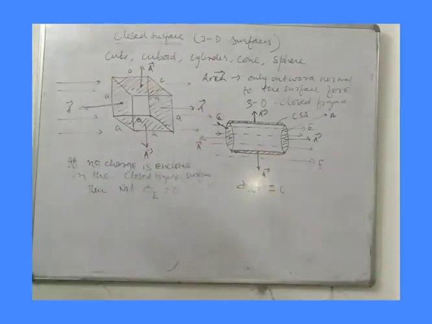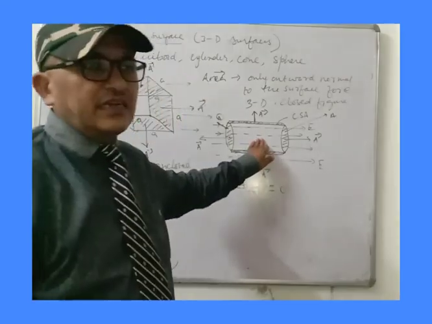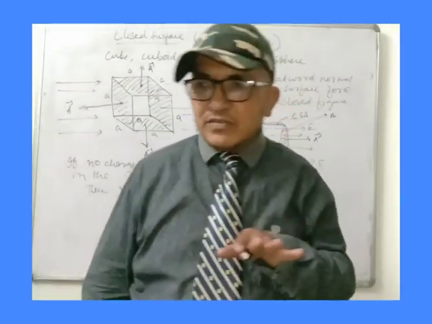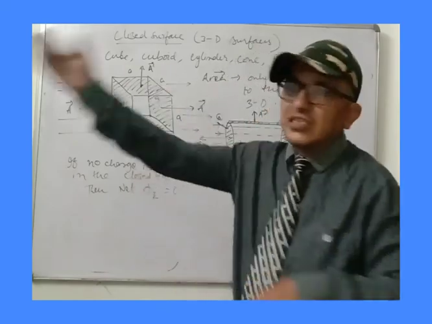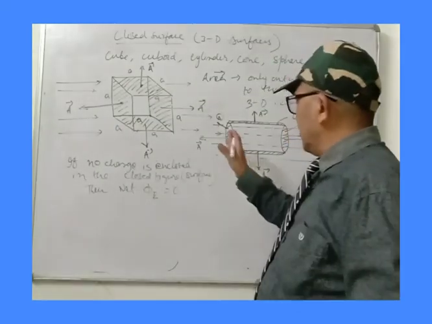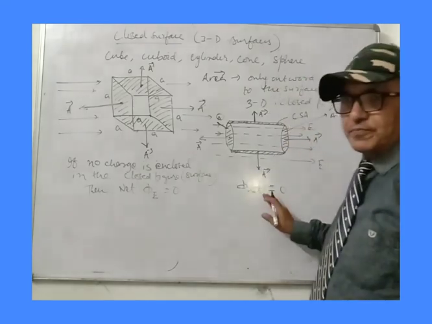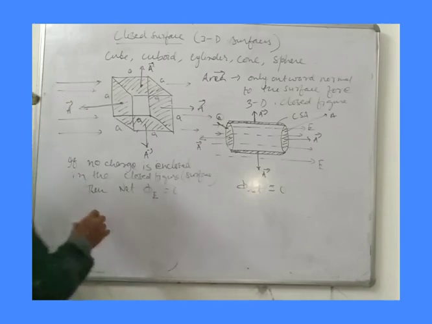What I told you, in this also there is no charge. If no charge is contained in a closed surface, then the net electric flux crossing the surface, due to some other sources, is 0. Okay, now let us think about a sphere.